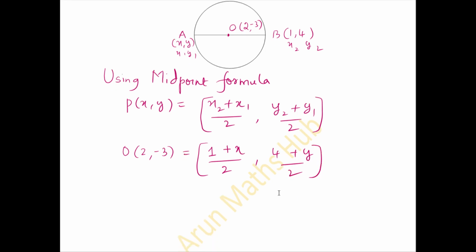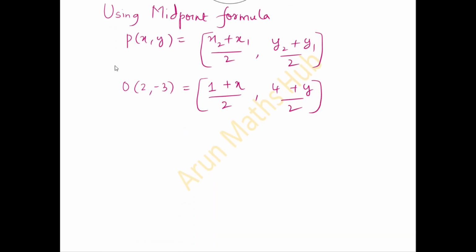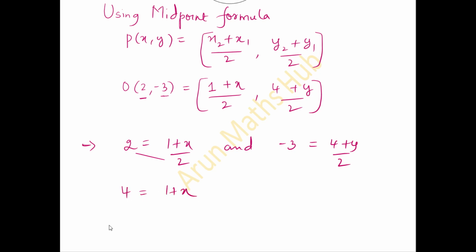Now what you need to do, as in the previous problem, is equate the x coordinate and the y coordinate. 2 equals (1 plus x) by 2 and -3 equals (4 plus y) by 2. Cross multiply: 2 twos are 4 equals 1 plus x.